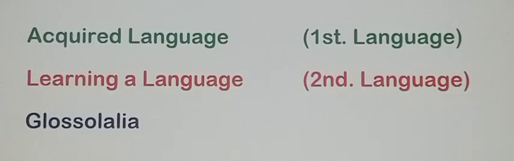Language acquisition is a natural process of human beings. For example, when a child learns his or her first language from their parents and siblings, this is called first language, mother language, or acquired language.